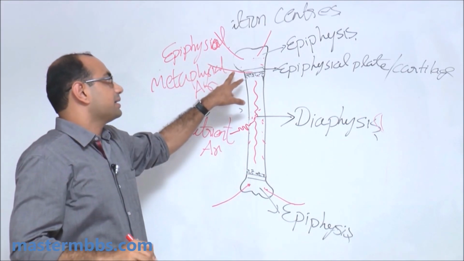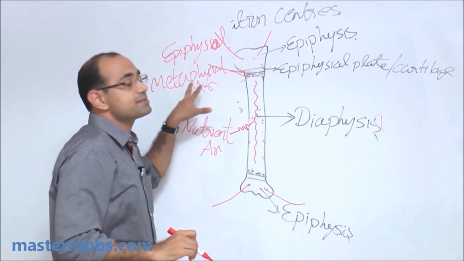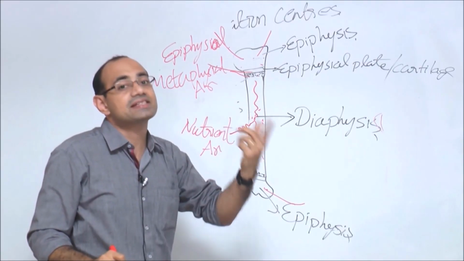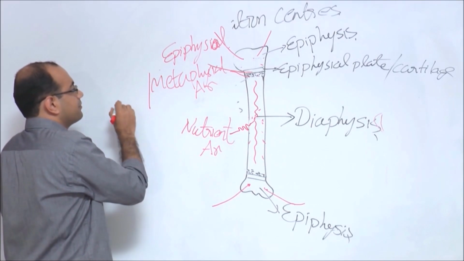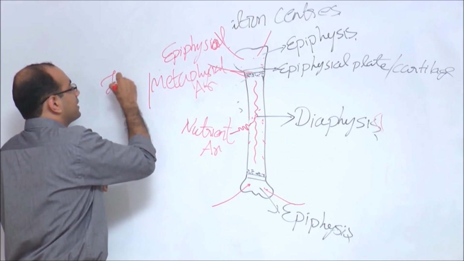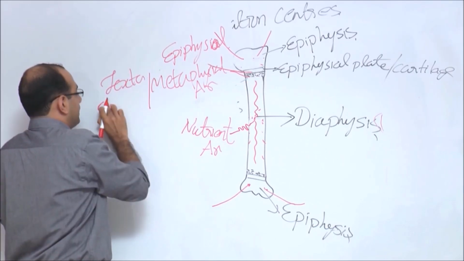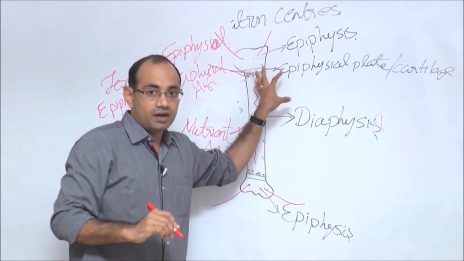So this is supplying the metaphysis and the epiphyseal plate there. You call this metaphyseal artery also the juxta epiphyseal artery. Just remember that some textbooks have given it like that. They have not written metaphyseal artery; instead, they have written it as juxta epiphyseal artery. So that is the third group of artery.